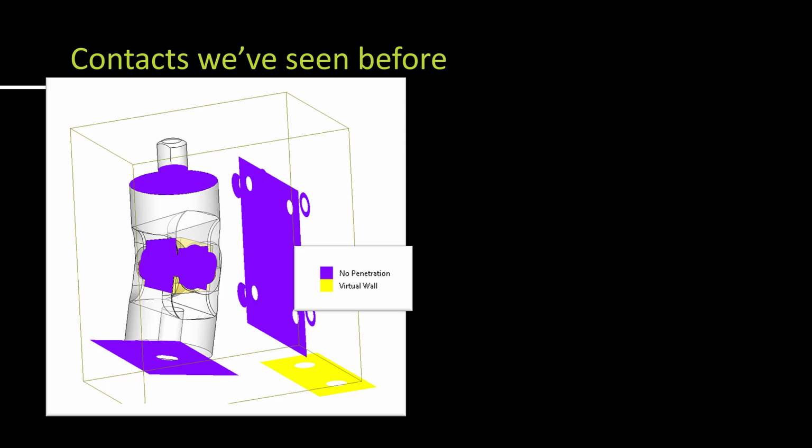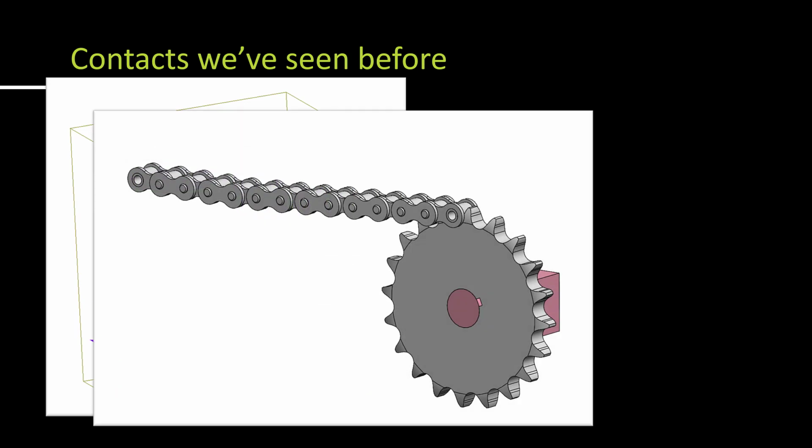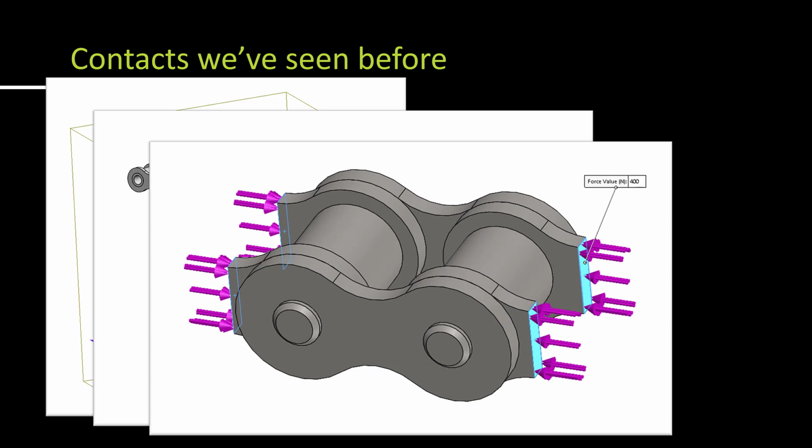We have a lot of options to make sure that our surfaces don't interfere with each other, or if that's something we would like to do in our study, we can emulate that, but it's pretty nuanced if you want to do that. We're also able to take large assemblies and simplify them into smaller sub-assemblies and apply all of our force loads and fixtures and contacts and all of our fun stuff that way.